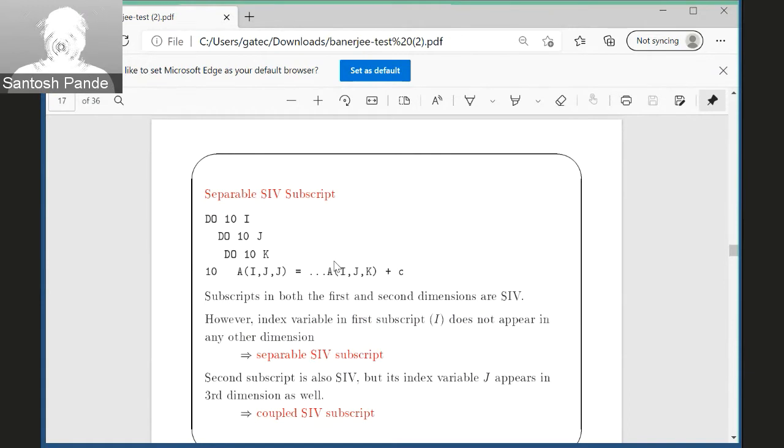So let's go to this SIV case and separate it into two further parts. So you can see that in this example, this I, which is appearing here on line 10, doesn't appear in any other dimension.